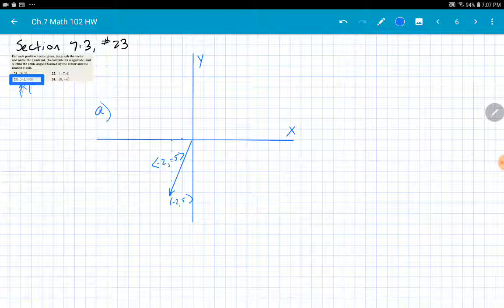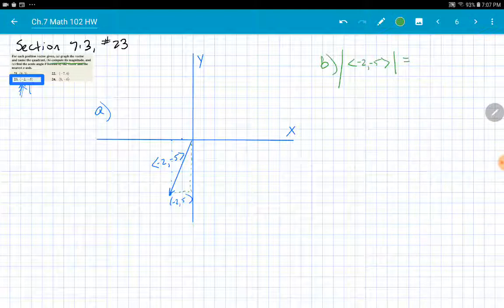And then let's do part B in green. Part B says compute the magnitude. The magnitude is the length of that vector, so I can think of this as the Pythagorean theorem. I'm going to write the name of the vector between two absolute value bars. That's just its name.